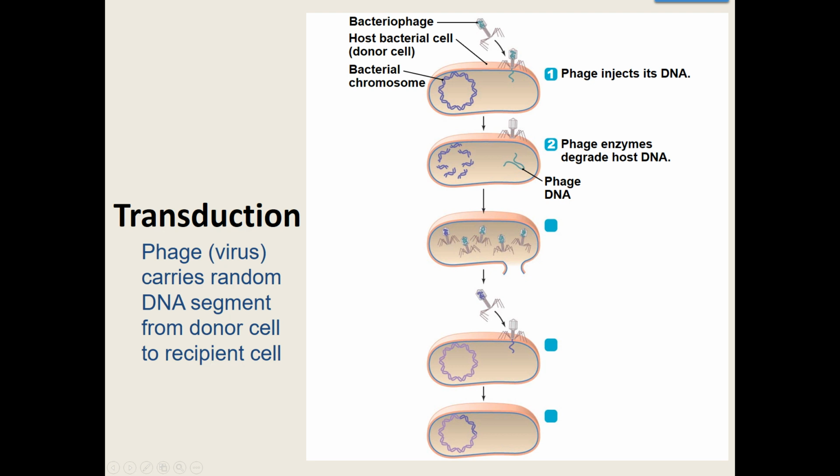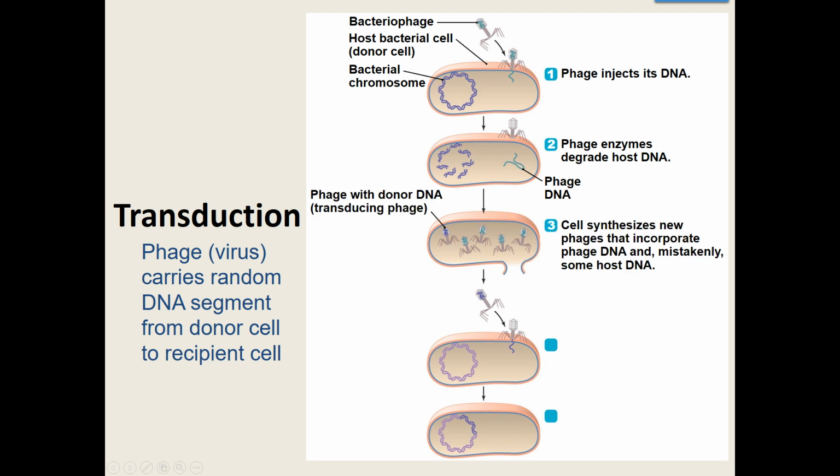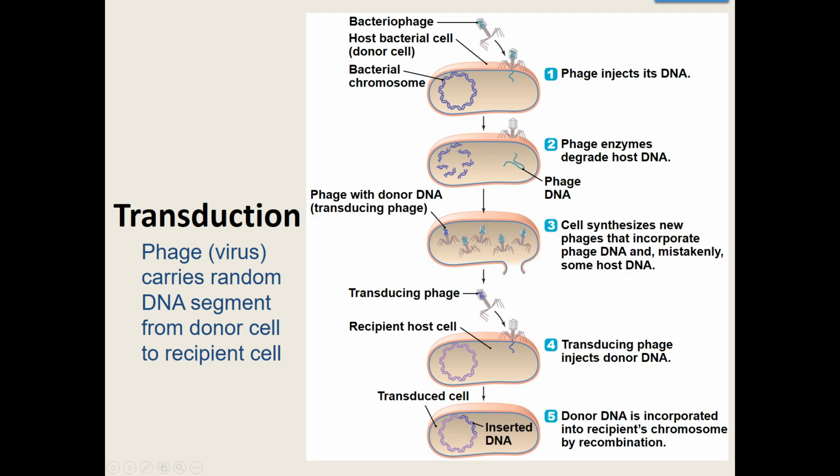Again, it's not super rare, and the fact that we know we can do this, we've actually started to utilize this and manipulate it in labs. We're now trying to kill bacteria using phage viruses.